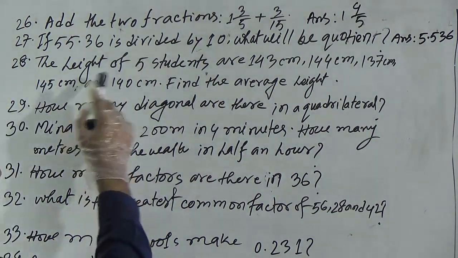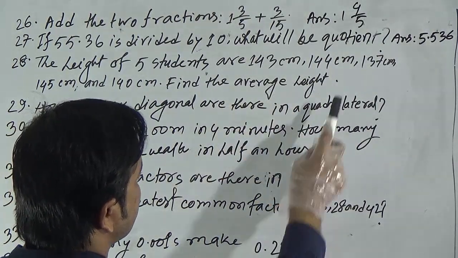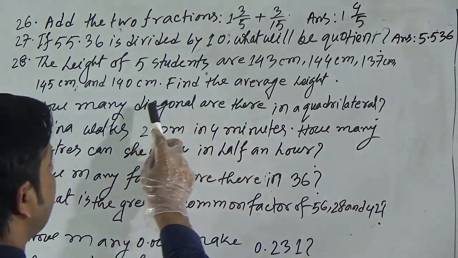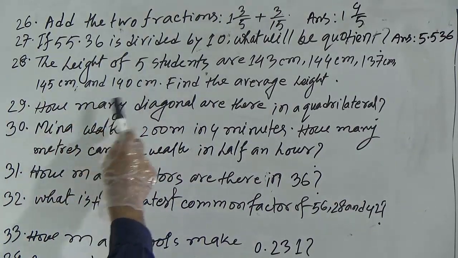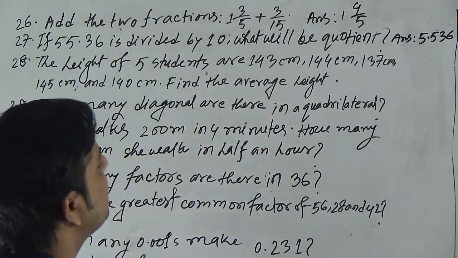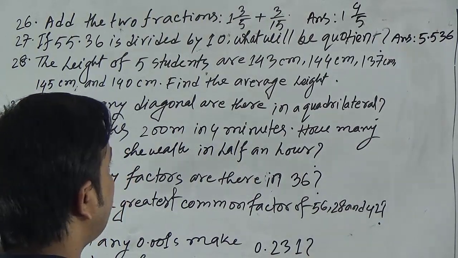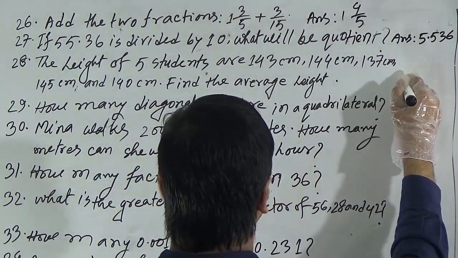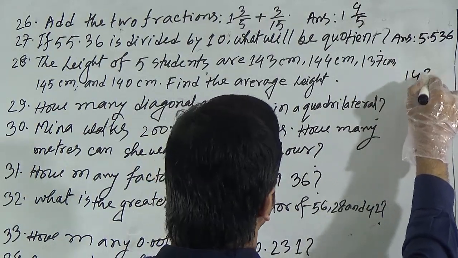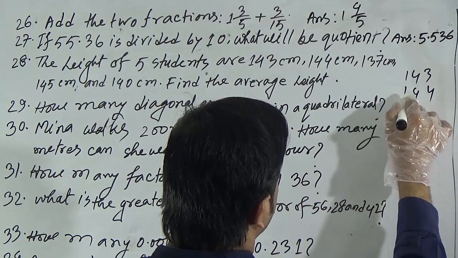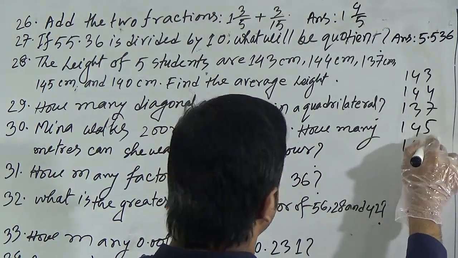28. The heights of 5 students are 143 centimeter, 144 centimeter, 137 centimeter, 145 centimeter and 140 centimeter. Find the average height. To find the average height, at first we have to find the sum of the heights. To find the sum, we have to add these 5. 143, 144, 137, 145 and 140.